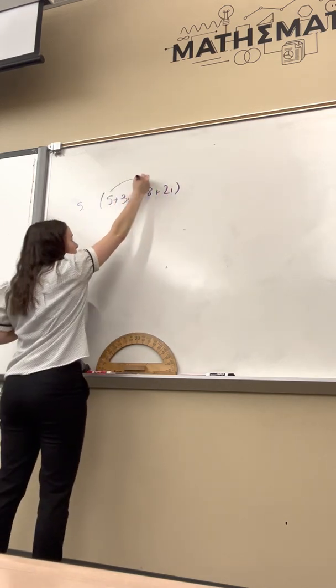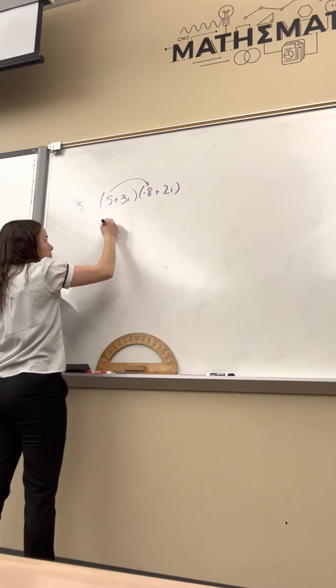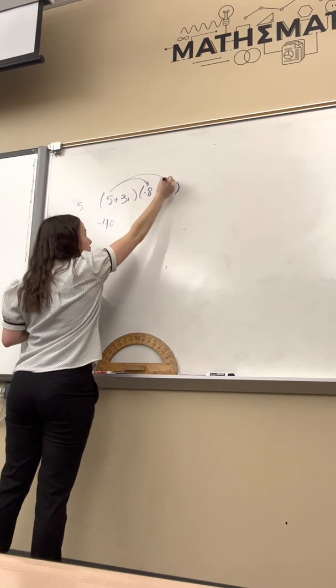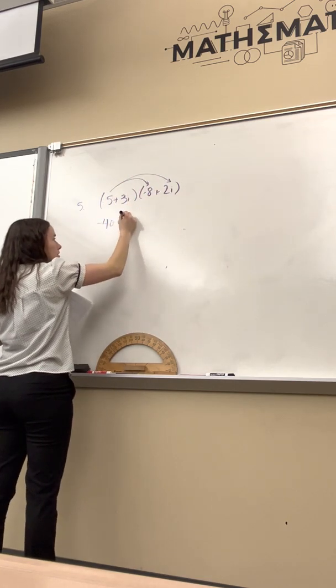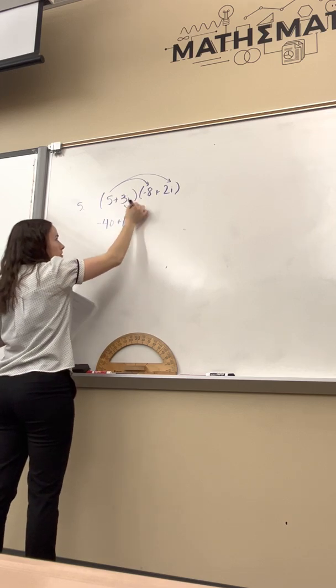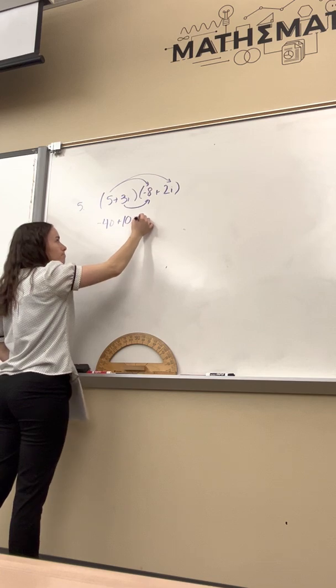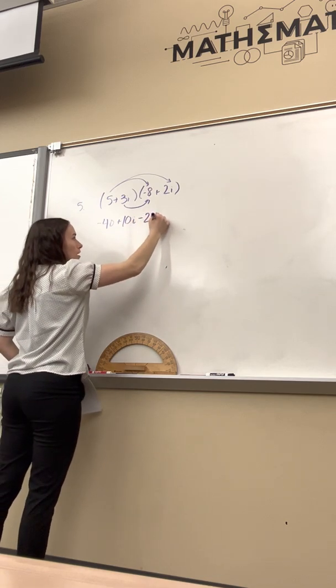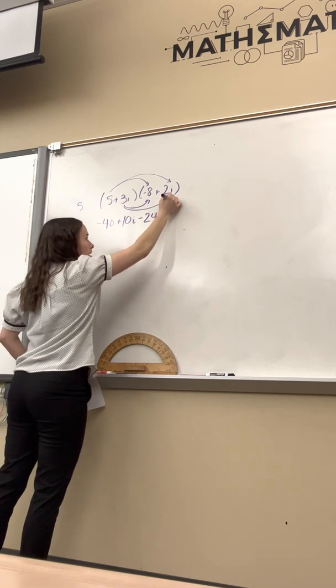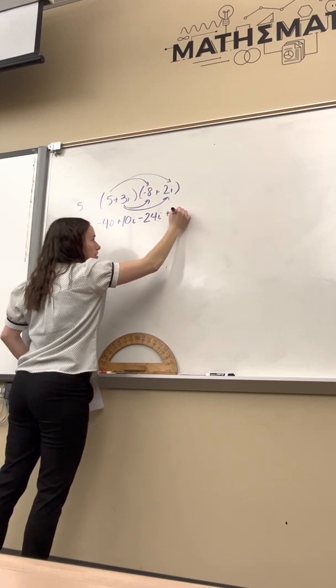So 5 times negative 8, we get negative 40. 5 times 2i, we get plus 10i. 3i times negative 8, we get negative 24i. And then 3i times 2i, and we get plus 6i squared.